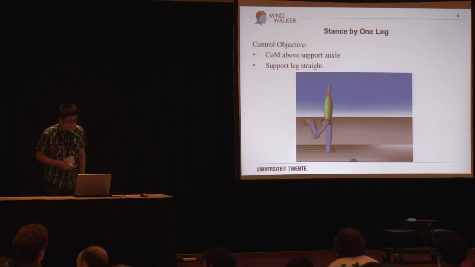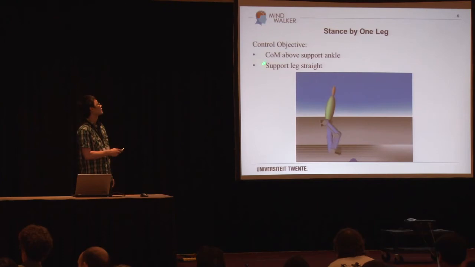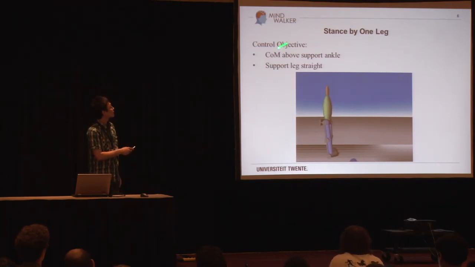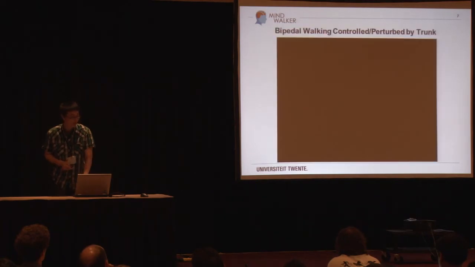I don't know why. To test such things, we first do a stance on one leg, and the control objective is very simple: just control the position of the center of mass above the ankle, and the support leg should be straight. The human perturbs the trunk, and the leg in the air moves on its own to maintain this objective, while we don't specify any trajectories.